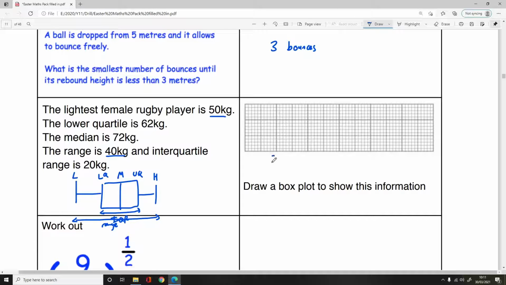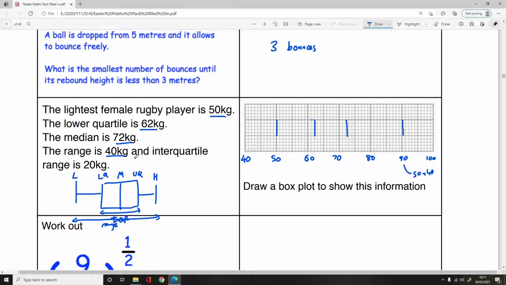So we can have this be 50, and then just go up in tens would make sense to me. So we'll have a line for the 50, that's the lightest one. A line for the 62. A line for the median at 72. A line for the 90, which is our heaviest, that's 50 plus 40.